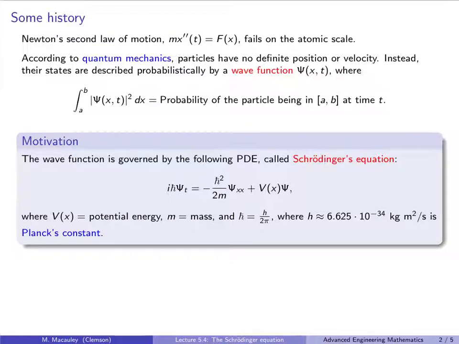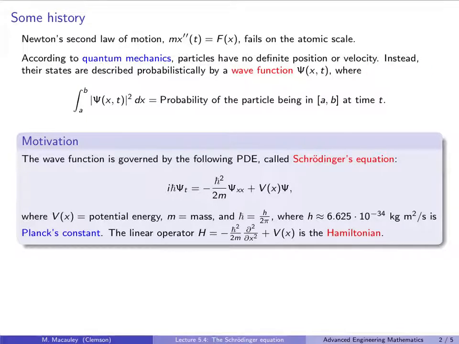So Planck's constant is this tiny little thing. It's 6.625 times 10 to the negative 34, and for the units to work out, it has to be kilograms meters squared per second. Now, there's a linear operator, often written capital H for Hamiltonian, and it's negative h bar squared over 2m times the second partial with respect to x, plus V of x.